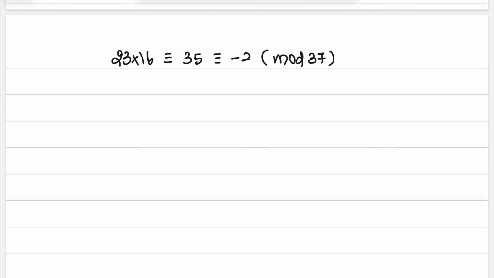What is 35? 35 is congruent to minus 2 mod 37. These are all things I have explained in my previous lectures. Hence, what we will get ultimately?